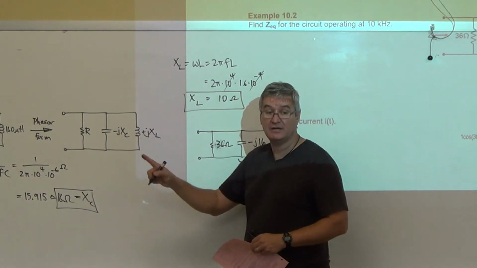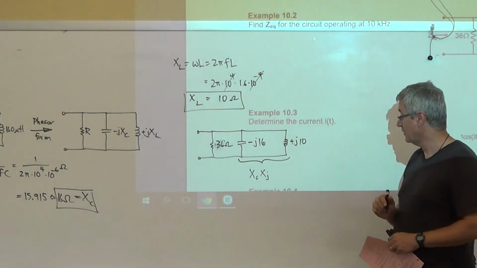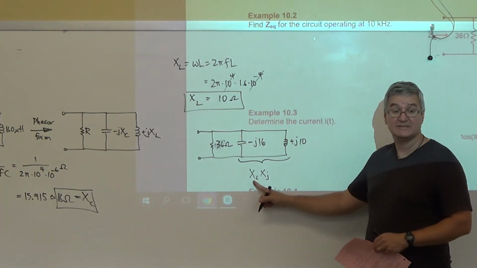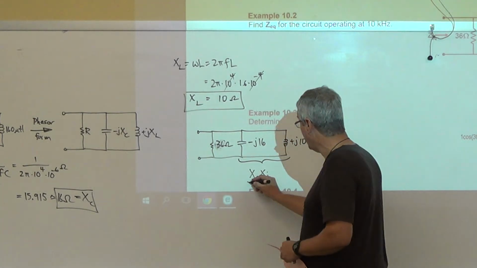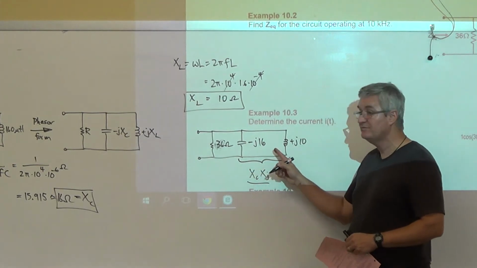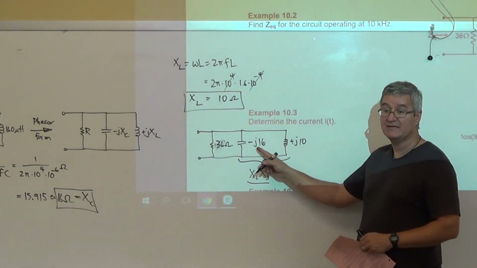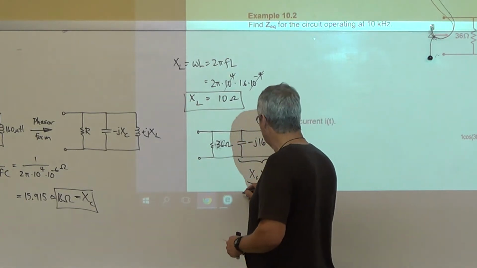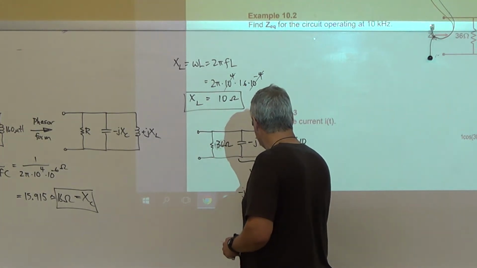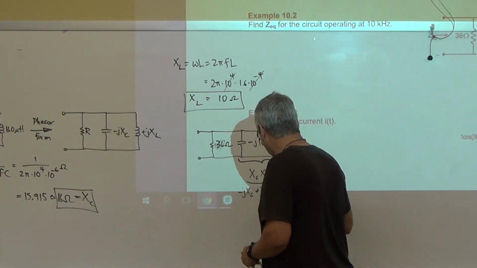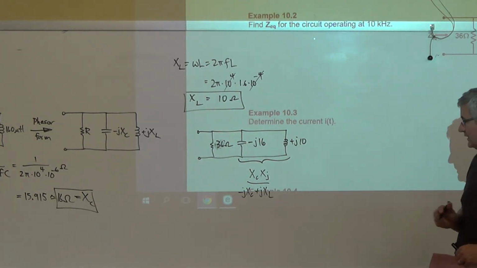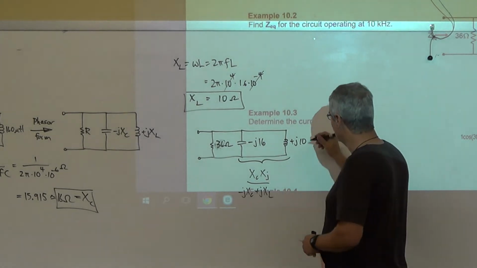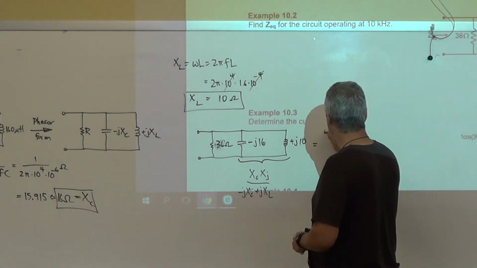Minus J times J is 1. So I'm going to get XC times XL divided by the sum of these two. If I sum these two, it's going to be minus JXC plus JXL. I haven't done anything different. Okay, so I combine these two here. So when I look at this, what I really did is this here.